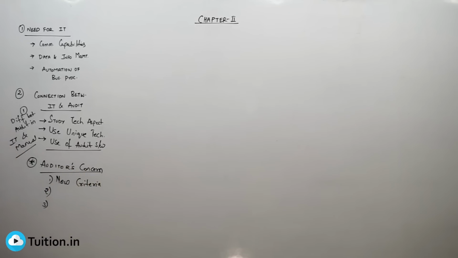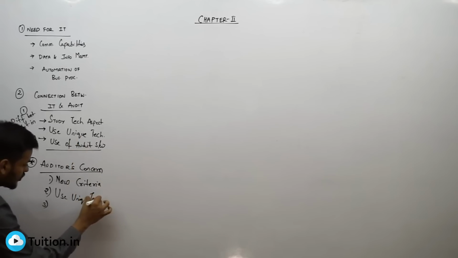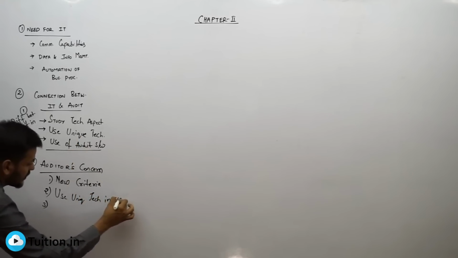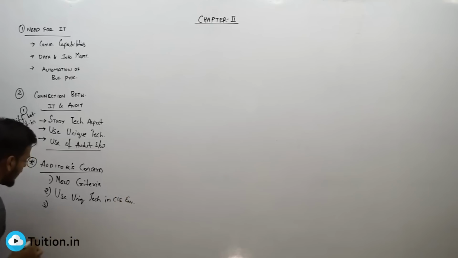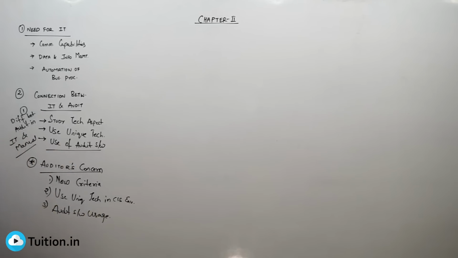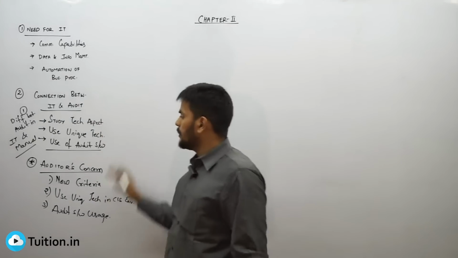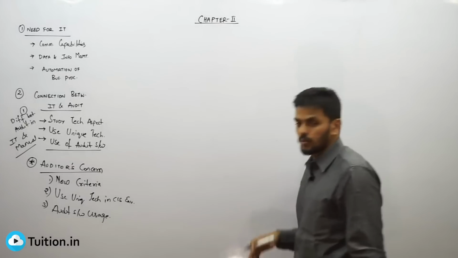Auditor should apply a new criteria while doing the audit, right? And then use unique techniques, which we already saw here the same way. Use unique techniques in the CIS environment. And his last concern is about audit software usage again, right? So these are the 3 concern points as well that he needs to focus on. This topic does not have much more content to be discussed. So those 2 concepts you focus on, that's more than enough.